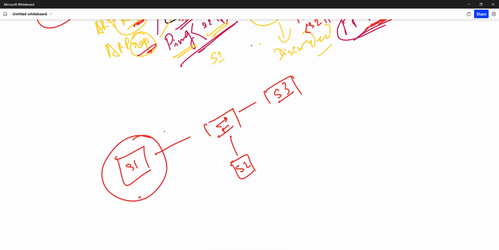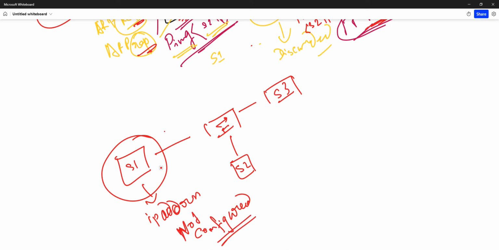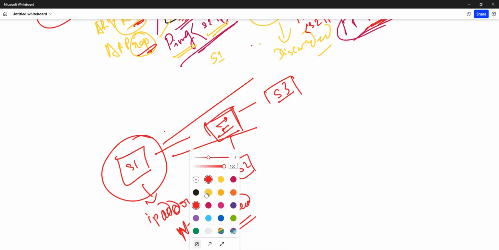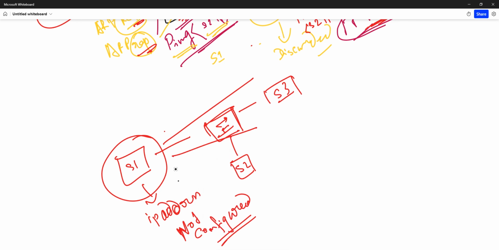If S1 has no IP address configured, what will happen? It does a broadcast in both directions, so the switch shares this information.